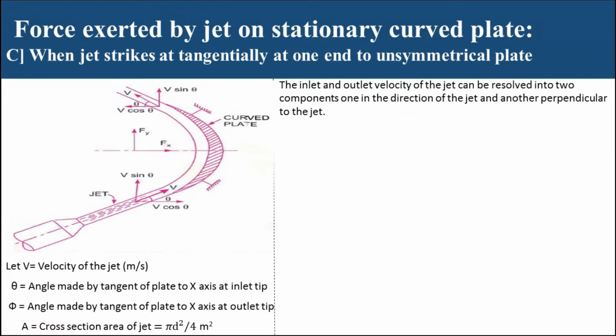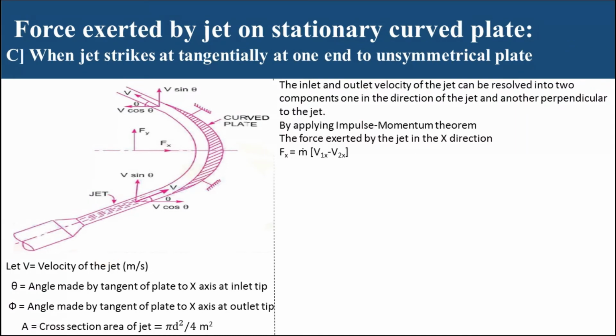impulse momentum principle. Here again the velocity v is resolved into two components, v sin theta and v cos theta in the y and x directions, and at the outlet it is resolved into v sin phi and v cos phi in the y and x directions respectively. By applying the impulse momentum theorem, we have Fx equals m dot into (v1x minus v2x).